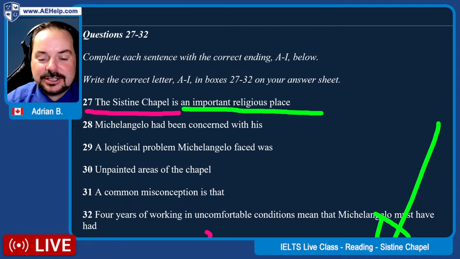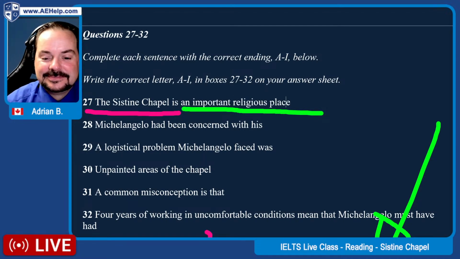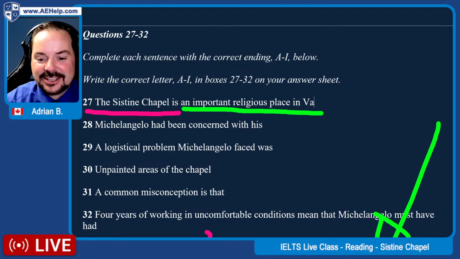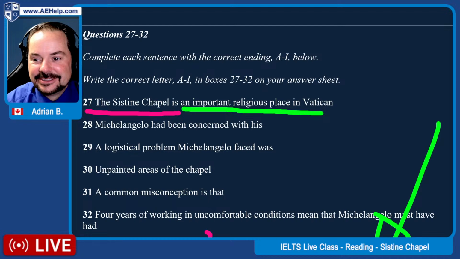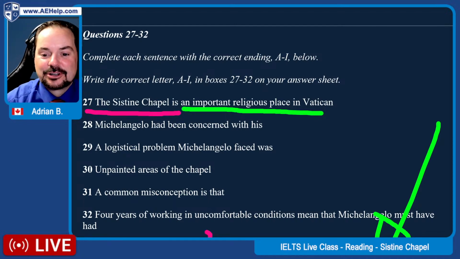For what religion? In Vatican. Okay, now you remember where it is. It's in the Vatican, and it's important for who? For what people? Is it Shinto, Hindu, Muslim, Buddhist, Christian? For Christians, yes.